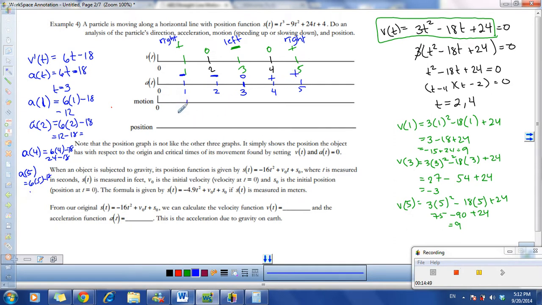So what does that mean for my motion? When my velocity is positive and my acceleration is negative, I'm moving to the right, but slowing down. When my velocity is 0 and my acceleration is negative, I'm slowing down to a stop. Then the velocity is negative, so now we're going to start moving in the left direction.